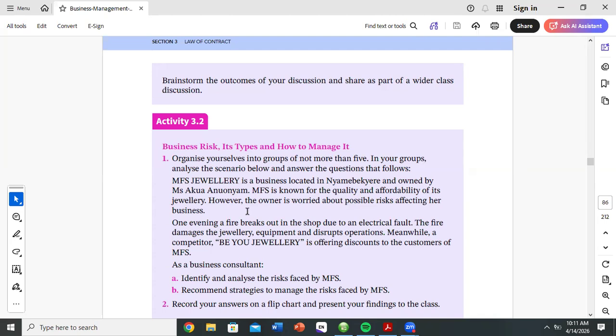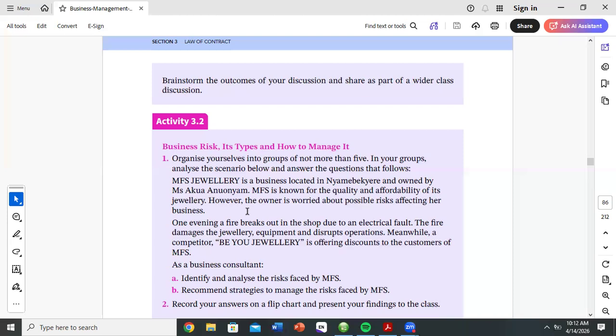So they could have installed fire extinguishers so that when the fire broke out, at least the fire could have been put out, or they could have installed fire alarms so that even when they were not around, at least the fire alarm would have blown for attention, right? And that is risk mitigation. Okay. And then they could have avoided that. Is it due to an electrical fault? They could have avoided this risk by making sure that all faults were repaired. Okay.